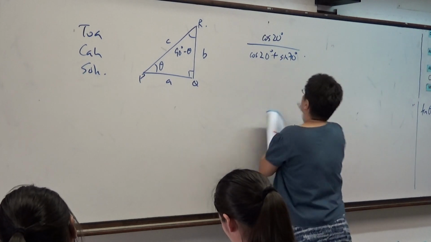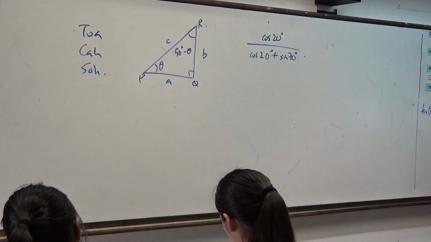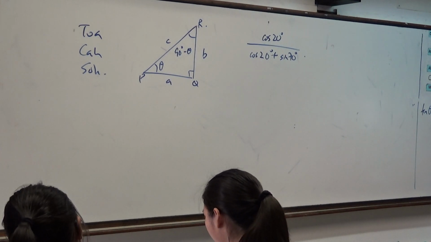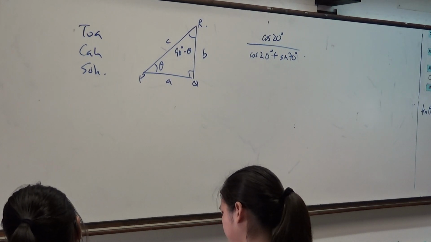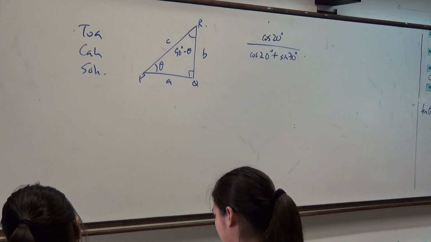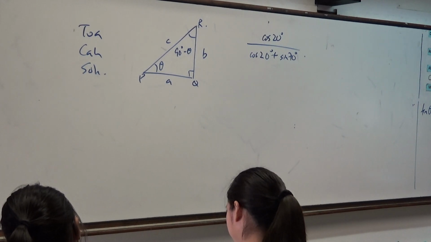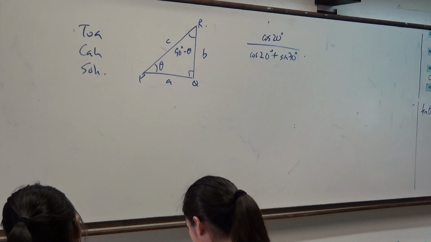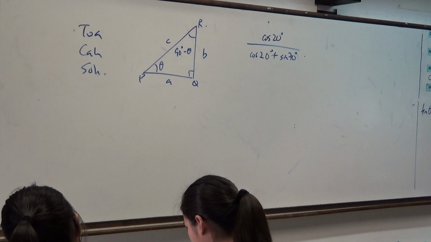Now, cosine 20, you have to evaluate this. Alright? So, how? Can someone tell me how to do this?